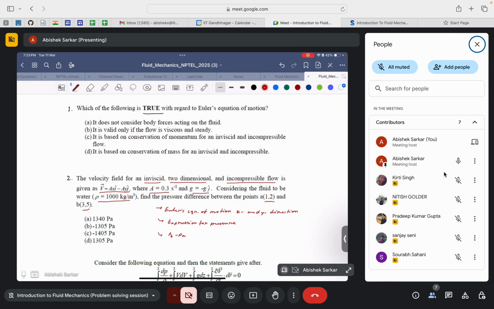Given that there would have been an option of, say, none of these, then this would have been the correct answer. But as I already mentioned, apart from the fact that it can also be validly applied for compressible flows, because it is the governing equation of the case when we are dealing with equations of motion in the case of compressible flows.